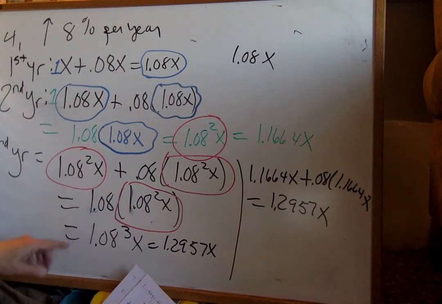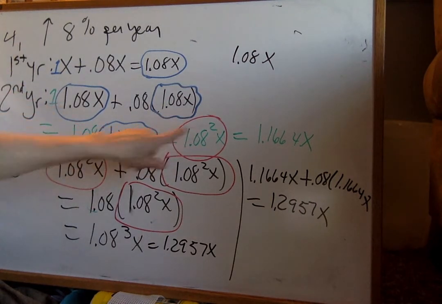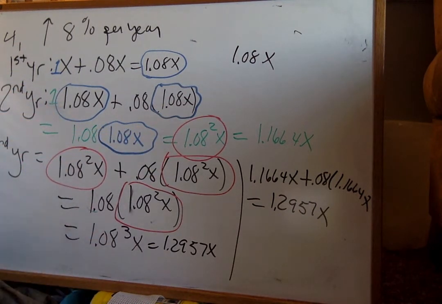And I really wanted you to start to see this pattern because we can now easily look. The second year, I squared it. The third year, I cubed it. I can quickly put up the fourth year.